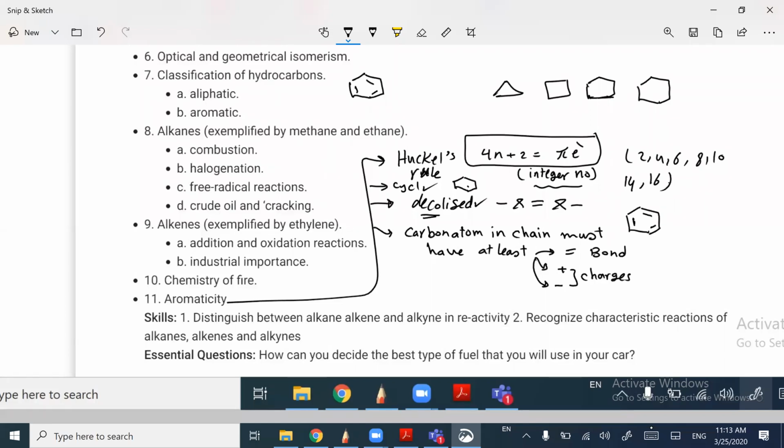Each carbon atom contains at least one pi bond. This carbon, one pi. This carbon, one pi. Sometimes we'll find carbon atoms that contain a positive or negative charge.